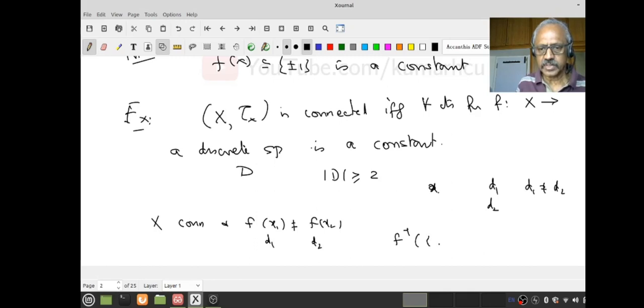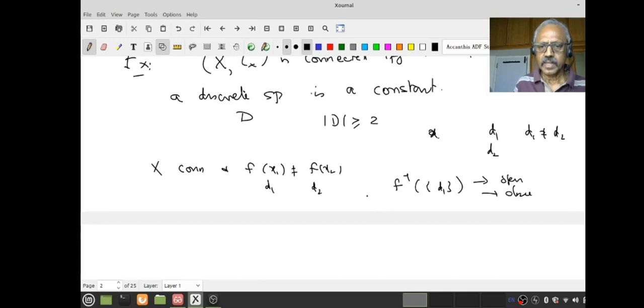Then f inverse of singleton d1 will be open and closed because singleton d1 is closed and open, and this is not empty because x1 belongs to it, and it's not equal to all of X because x2 is not here. You understand? So it's exactly the same logic. Please go through it and convince yourself.